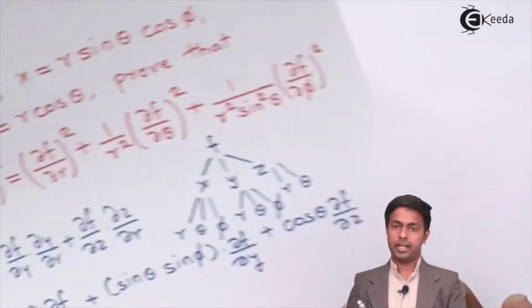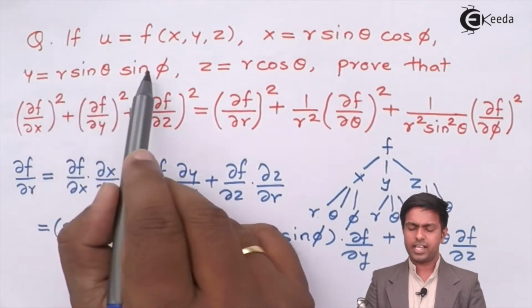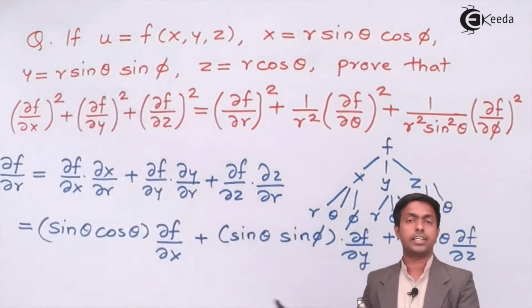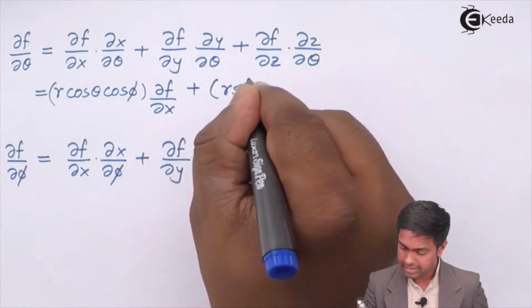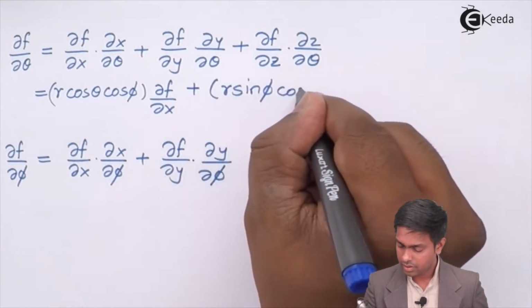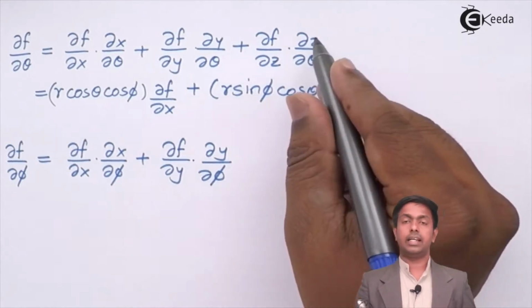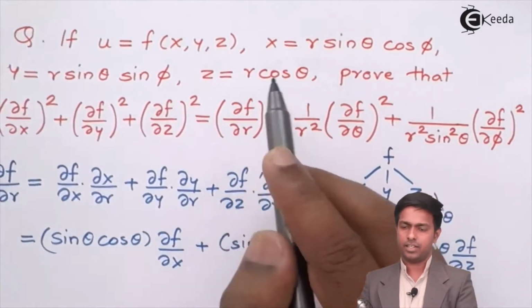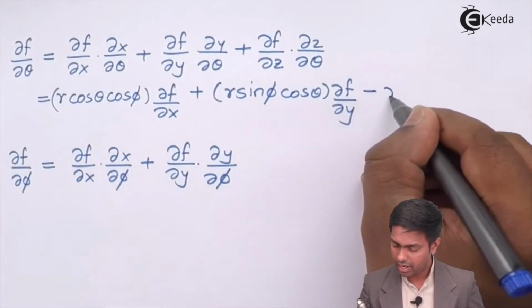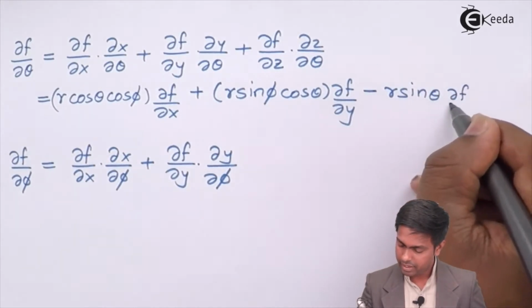Next, to get del y by del theta, we differentiate with respect to theta. So r and sin phi are constant, and the derivative of sin theta is cos theta. So here we'll write plus r cos theta sin phi del f by del y. And in the end, del z by del theta: the derivative of cos theta is negative sin theta. So here we'll get negative r sin theta del f by del z.